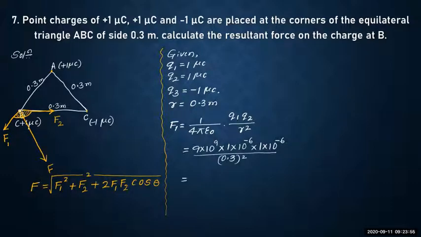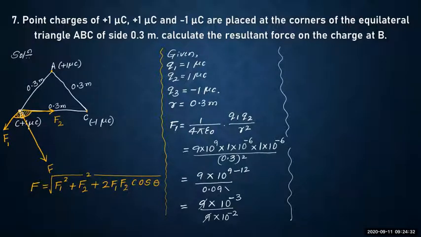Which is nothing but 9 into 10 raised to 9 minus 6 minus 6, that is minus 12, divided by 0.3 whole square, which is 0.09. Now you make a small change: 9 into 10 raised to minus 3 divided by 9 into 10 raised to minus 2. Both 9 are cancelled.